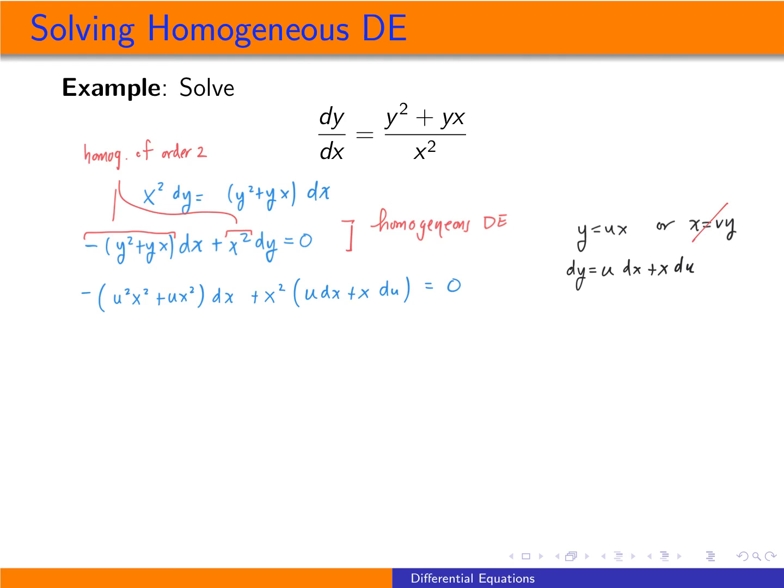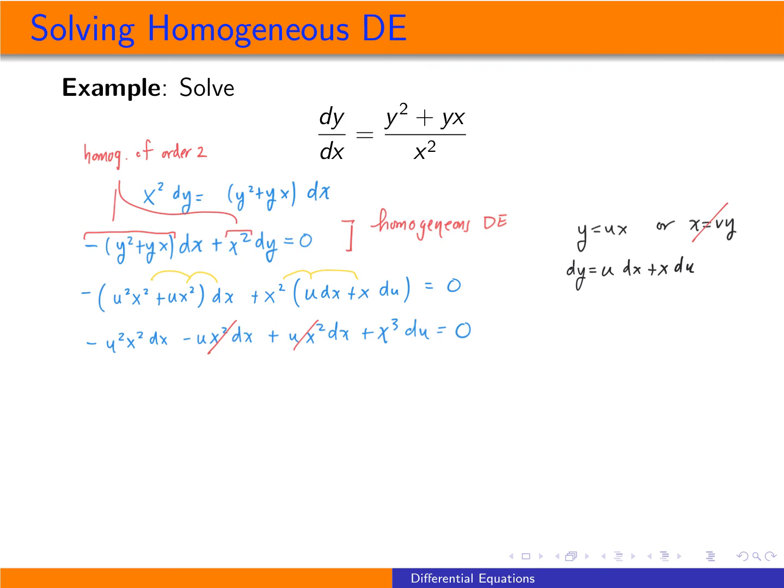So I'm going to do the distribution: distribute the dx through, and then distribute the x squared through that second term. That would give us minus u squared x squared dx minus ux squared dx plus ux squared dx, that looks good, plus x cubed du, all equals 0. The part that looked good in the middle is the two terms that cancel with each other.